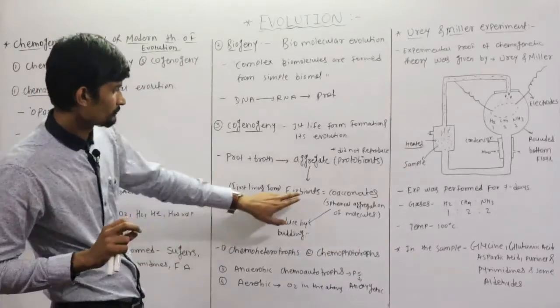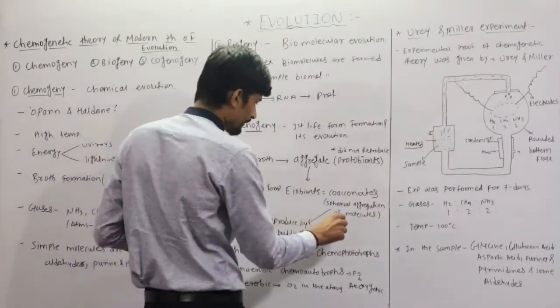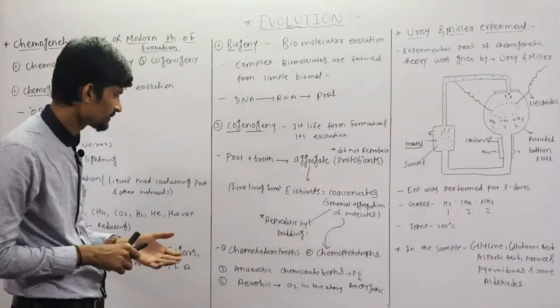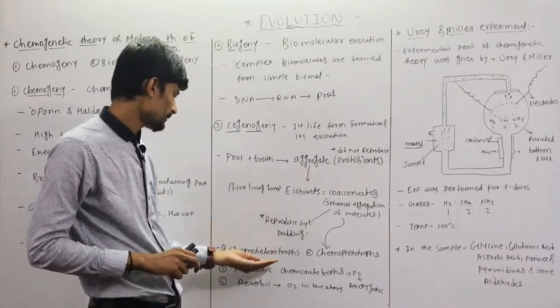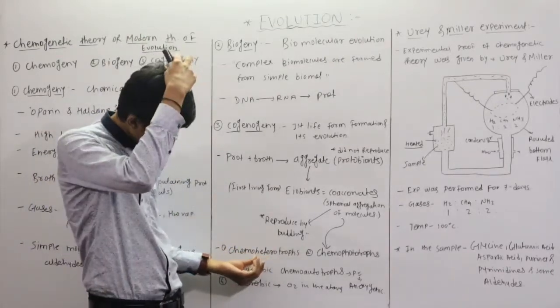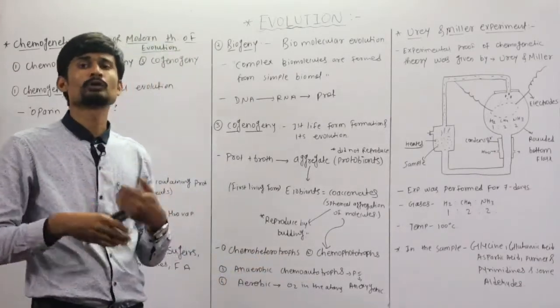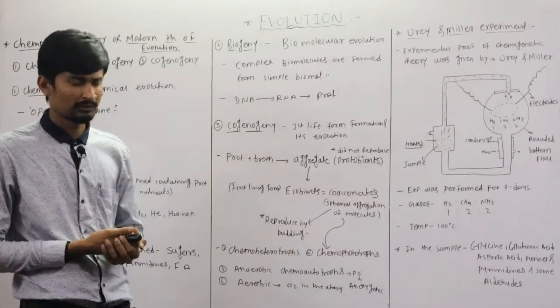Now some things about the coacervates. Initially these coacervates or eobionts are chemoheterotrophs, meaning they get their food from the chemicals; they are heterotrophs, meaning they do not prepare their own food, they get energy from the chemicals.